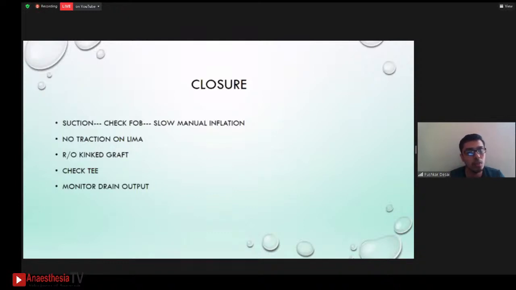The surgeon should rule out kinking of the graft due to lung expansion. It's always a good idea to do a check echocardiography at the end of the procedure, and we should monitor the drain output before shipping the patient out of the theater.